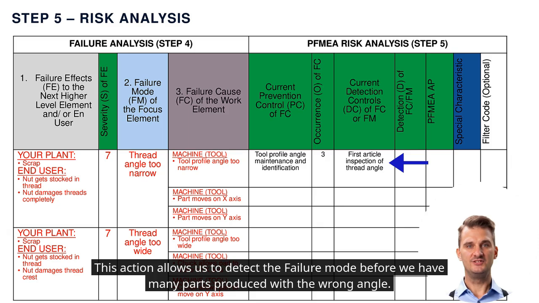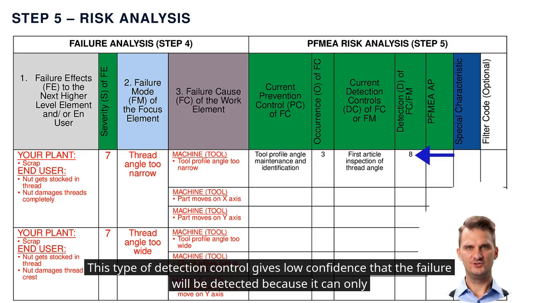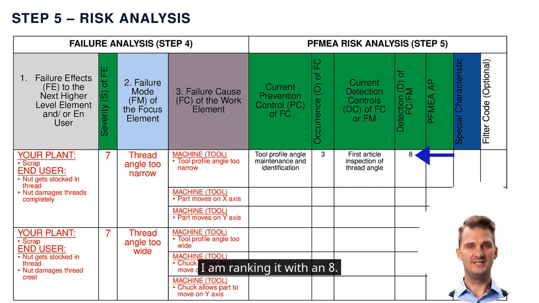This action allows us to detect the failure mode before we have many parts produced with the wrong angle. This type of detection control gives low confidence that the failure will be detected because it can only detect when at least one failure already happened, when a part with the wrong angle was already produced. I am ranking it with an 8.